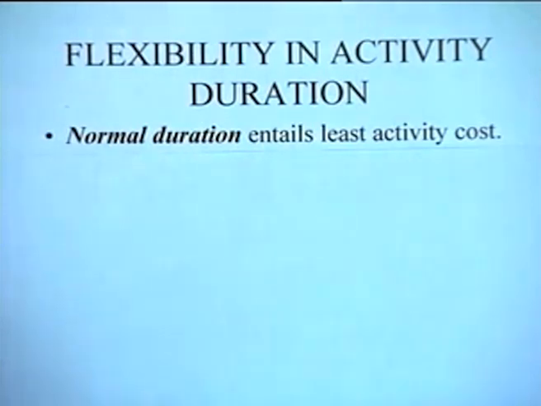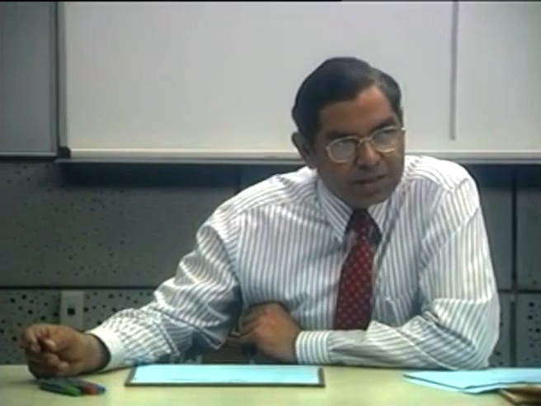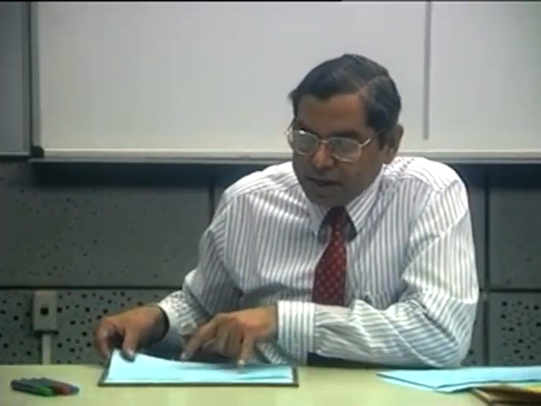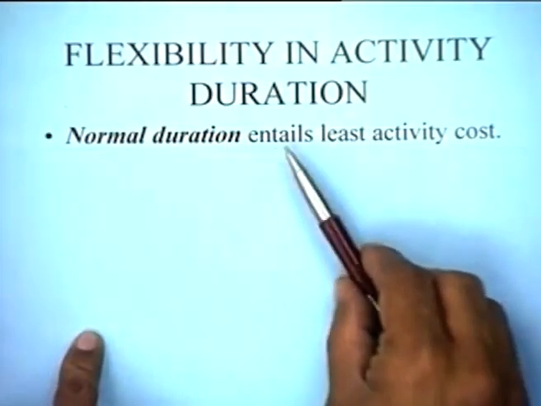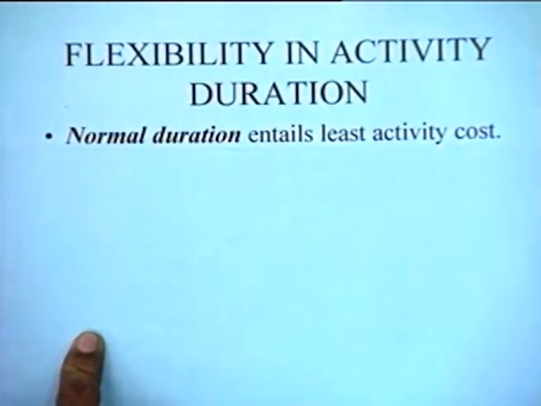Depending upon the urgency, depending upon the amount of resource that we are willing to invest, the duration of the activity can vary. So we always define the normal cost, and the normal duration is that duration which entails the least activity cost.